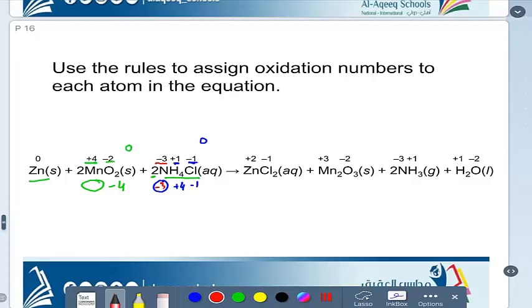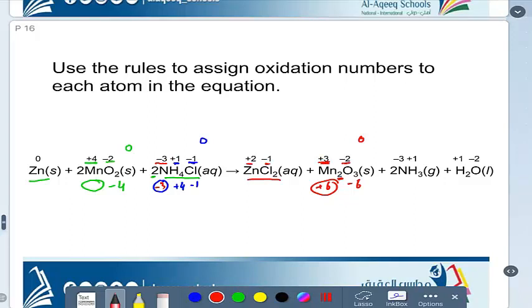Let's move to zinc chloride here. Zinc is +2, we know that, and chlorine -1 times 2, -2, easy. Mn2O3, oxygen is -2 times 3, -6. So we have here to make +6 for manganese to make the overall charge 0, but there are two manganese ions, so each one has +3 only.